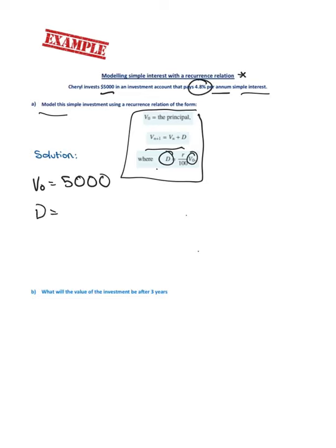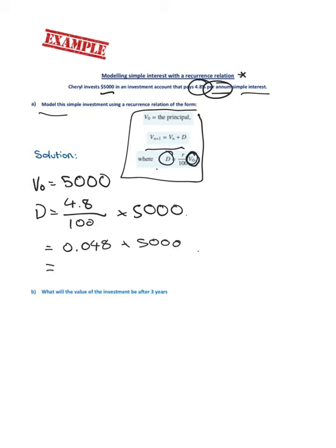Our rate was 4.8% per annum, over 100, times our initial amount, which was $5,000, which is equal to 0.048 times 5,000, which equals $240.